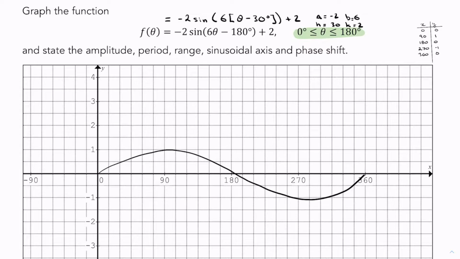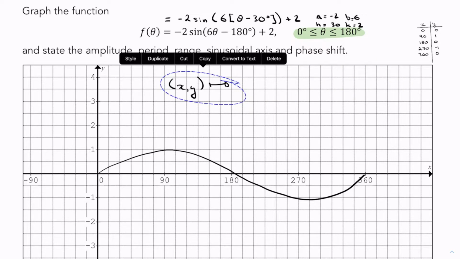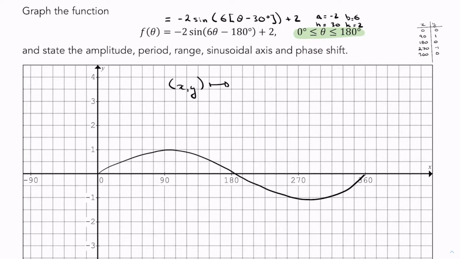And the transformation we're going to be using is x comma y will be mapped to 1 over b x minus h comma ay plus k.